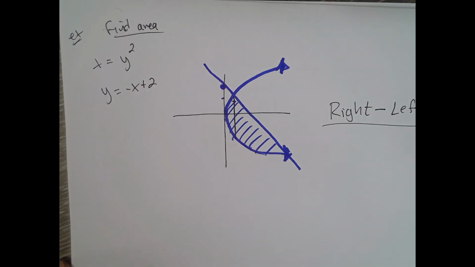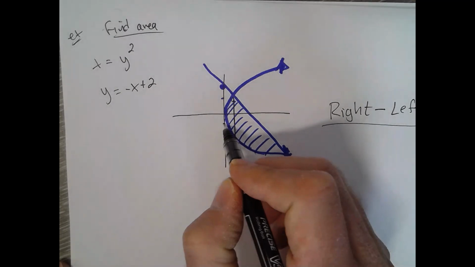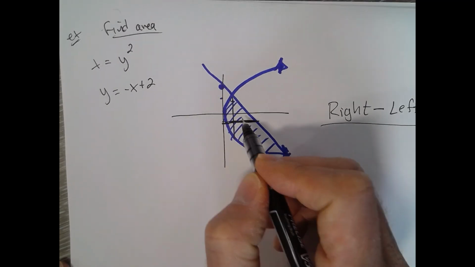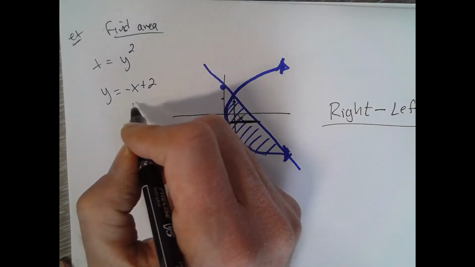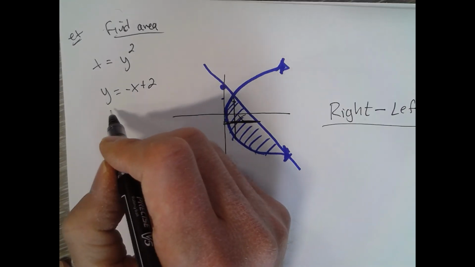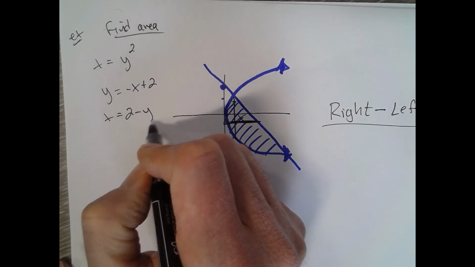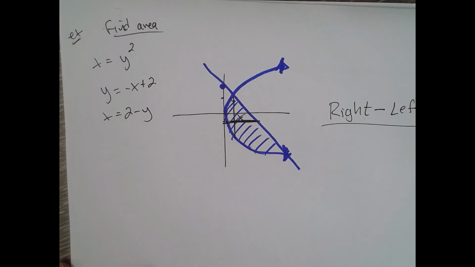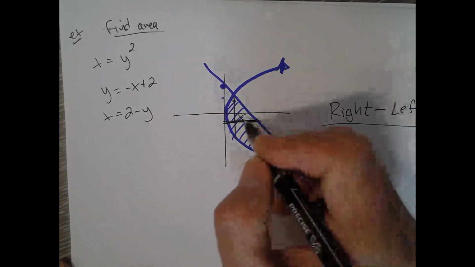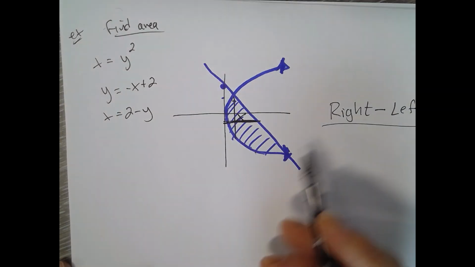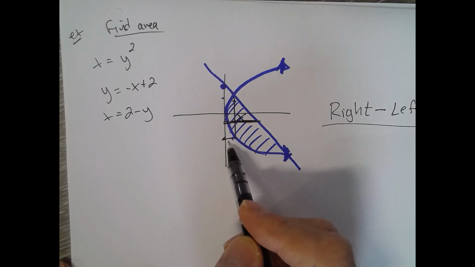Because we need to know what this x right here is. What is that x? Well, that is 2 minus y. Okay, so that x is 2 minus y, and this x is y squared.